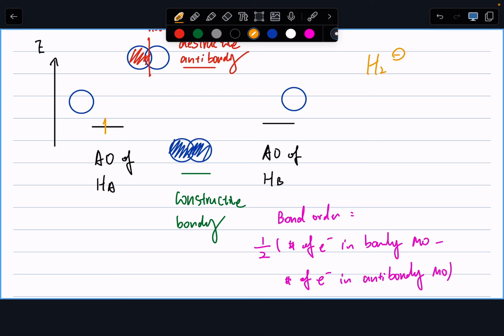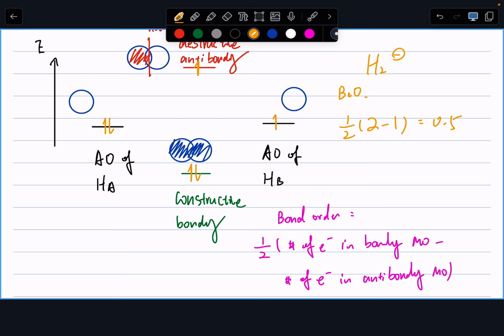Well, we start from 1, 2, 1 electron. We start from a total of 3 electrons. Put them in 1, 2, 3. So now we have 1 electron in the anti-bonding MO. So the bond order of my H2 minus will be 1/2 times 2 minus 1, and that's 0.5.